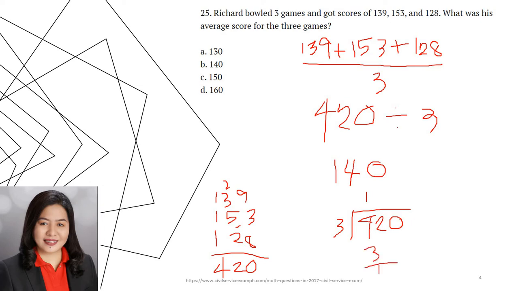Bring down, minus 3, so 12. This is already 4. You can actually do the shortcut, and that's 140. So our answer is correct. The average score of Richard in the three games is 140.